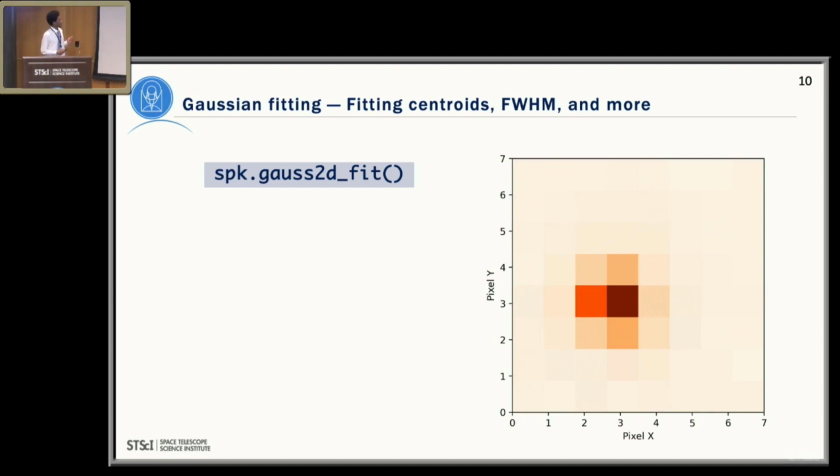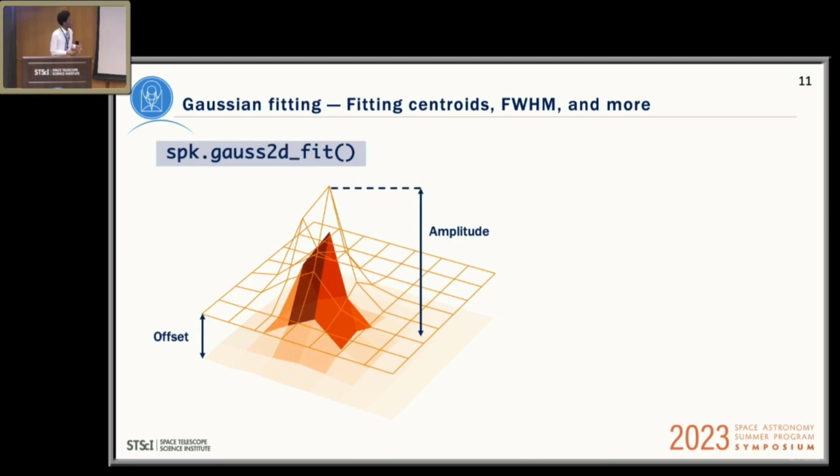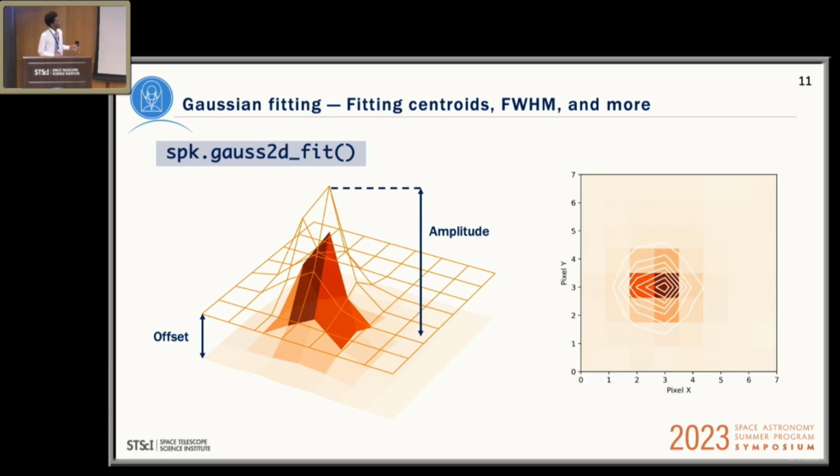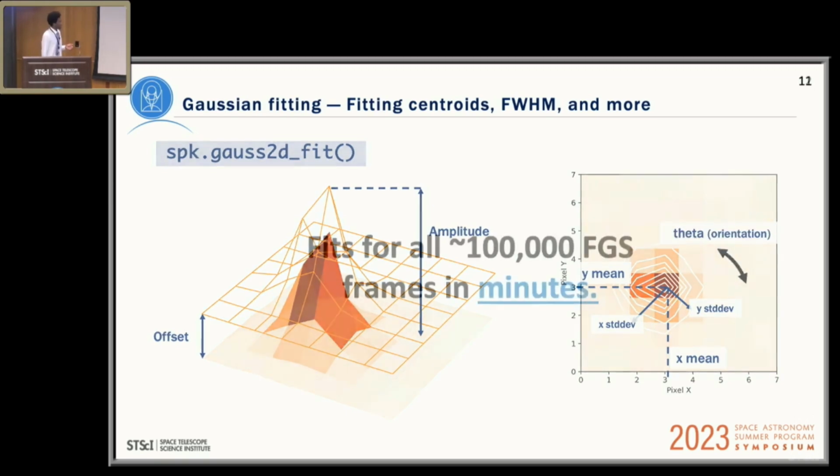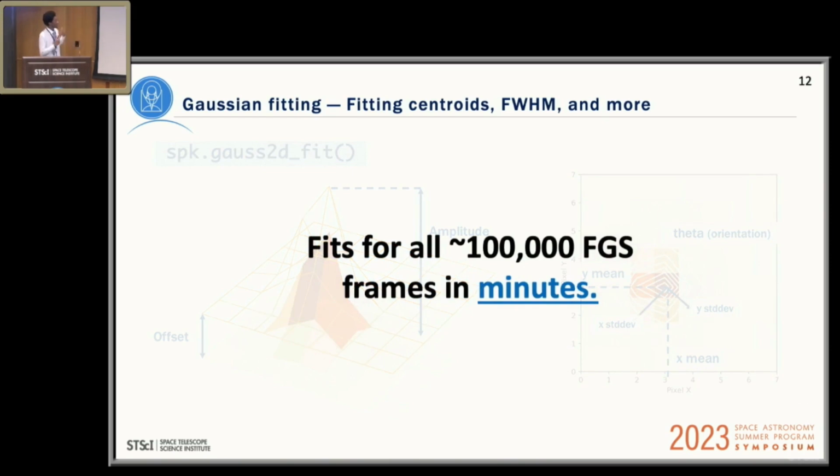This includes things like the offset, which is the counts for the background, the amplitude of each of the Gaussians, which is the counts for the exact position of the guide star data, as well as things like the centroids, the standard deviation, the width of the guide star, which can correlate to the PSF changes, as well as the orientation. Using parallel processing, we can fit around 100,000 FGS frames in just minutes with a package called Ray.